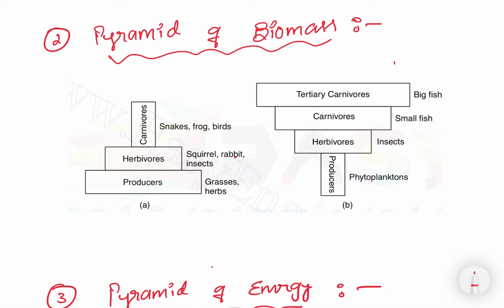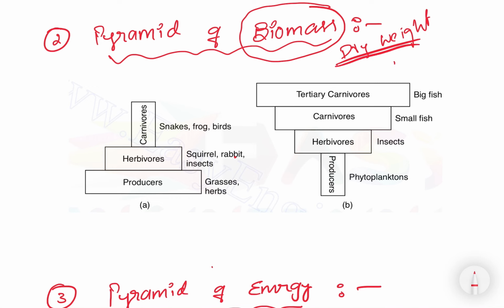Again the definition: graphical representation of a particular parameter based on the biomass. Biomass, as I told you just before, is the dry weight of the organisms. Let us see. As we know, grasses are comparatively high in number in a grassland ecosystem, and their dry weight is also high.